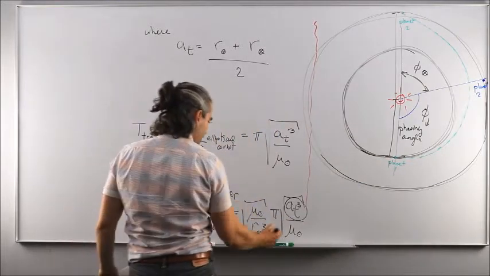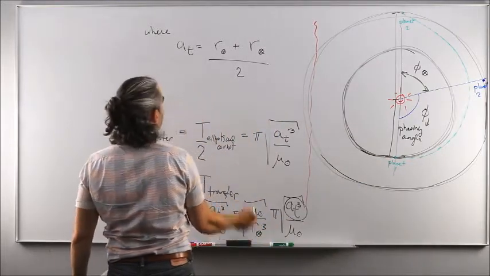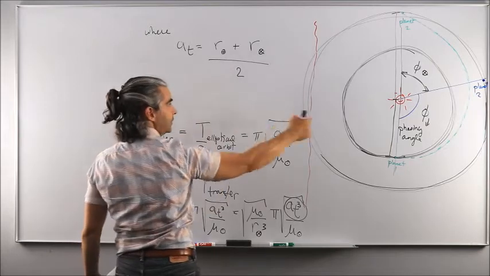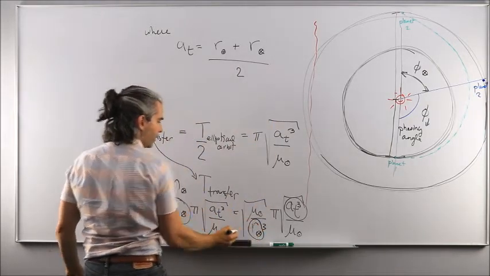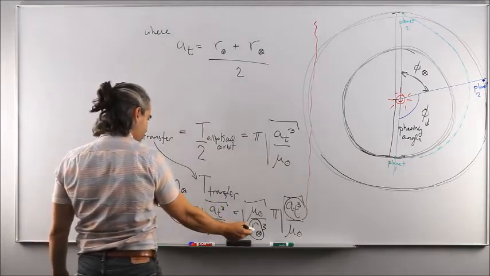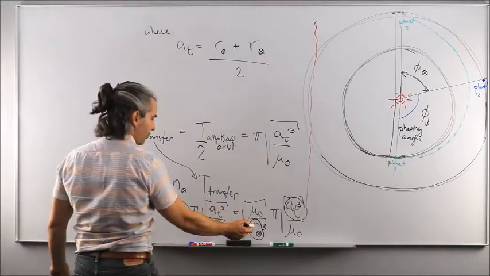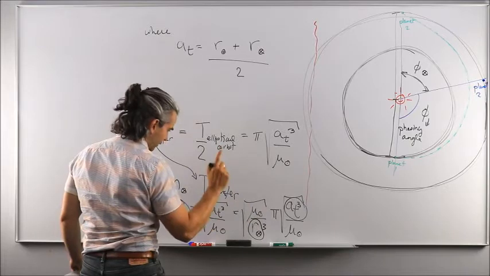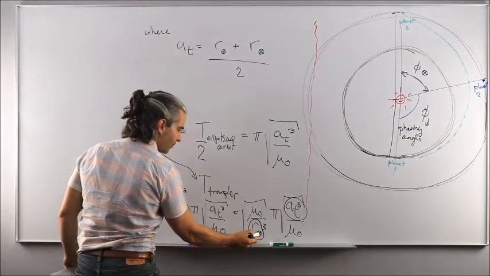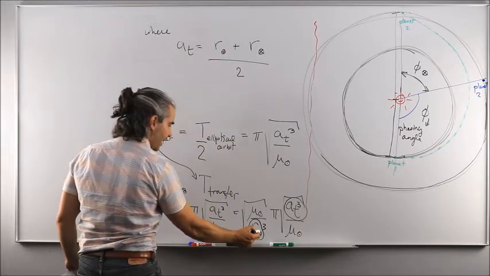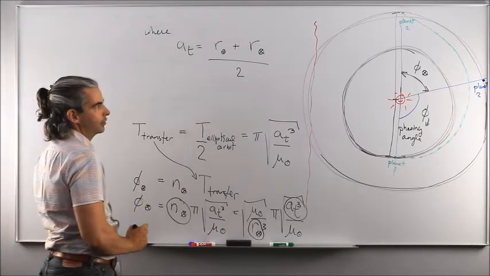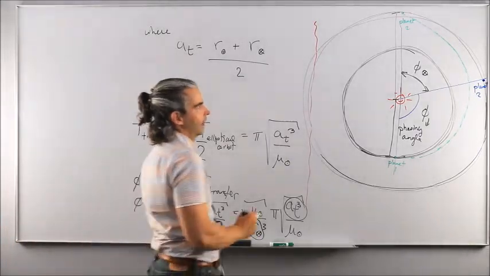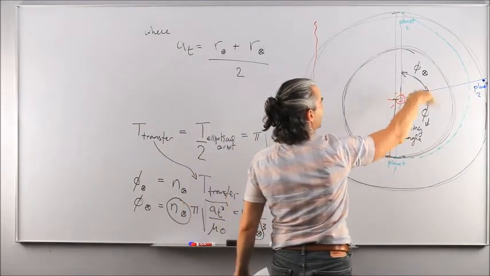You know mu of the sun, and because you've been able to calculate the semi-major axis of the elliptical transfer orbit, it means that you know the sun home planet distance, which is this, and the target planet distance from the sun, which is r with the x, to get this angle that you need to shoot for, or that planet 2 needs to cover in that amount of time.